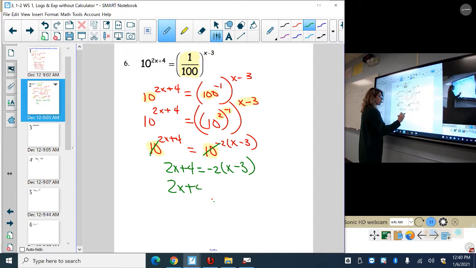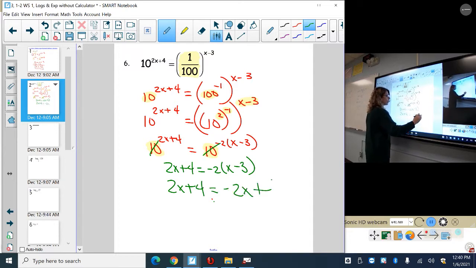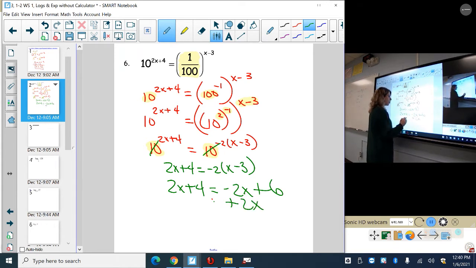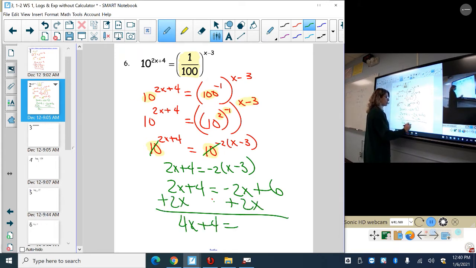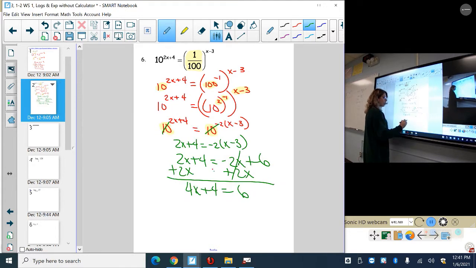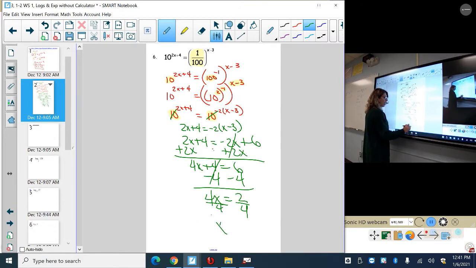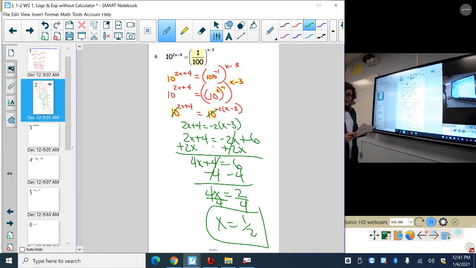So 2x plus 4 is equal to negative 2x plus 6. Solving for x, I'm going to add 2x to both sides. This gives me 4x plus 4 is equal to 6. Subtract the 4, and I get 4x is equal to 2. Divide by 4 and reduce the fraction to get x is equal to 1/2. And that's number 6. Okay?